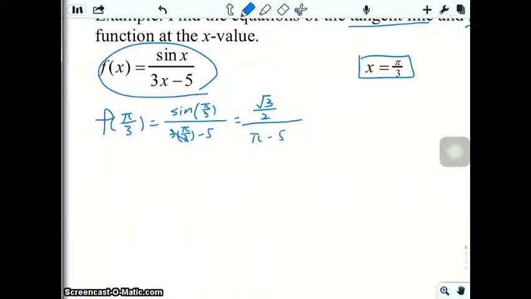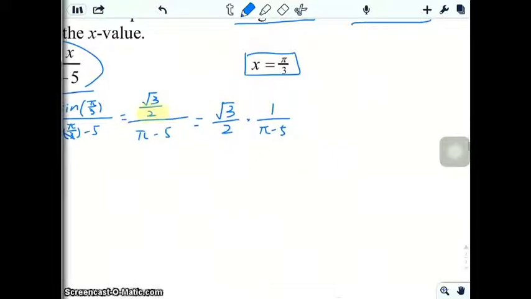Because this is dividing, I can also rewrite this by moving this part to the bottom. You guys know what I'm talking about. This means times that, so I can simplify this one: square root of 3 over 2 times 1 over pi minus 5. You can multiply it out.